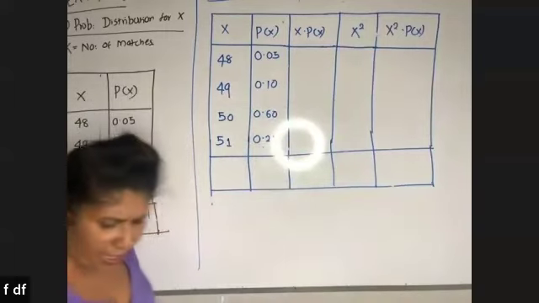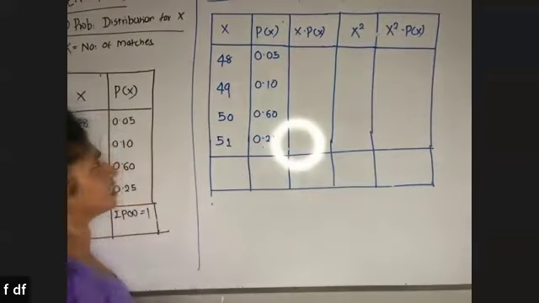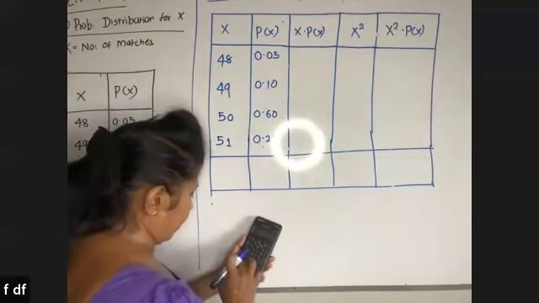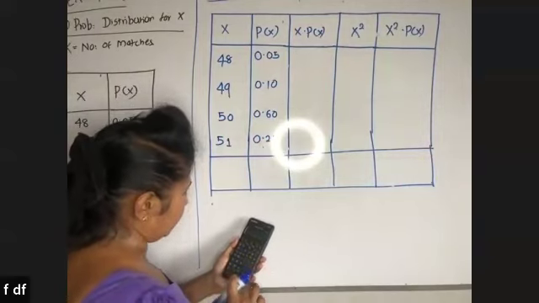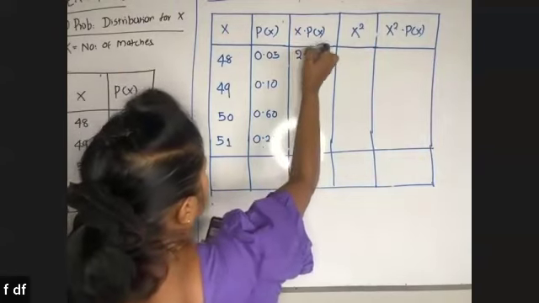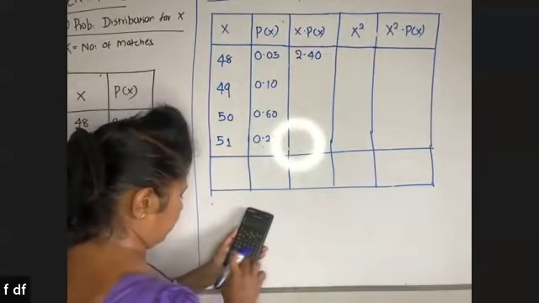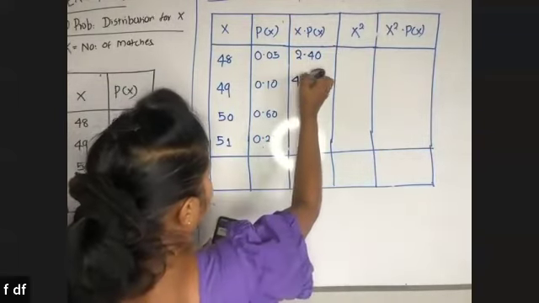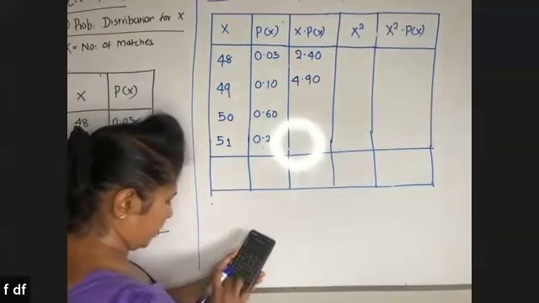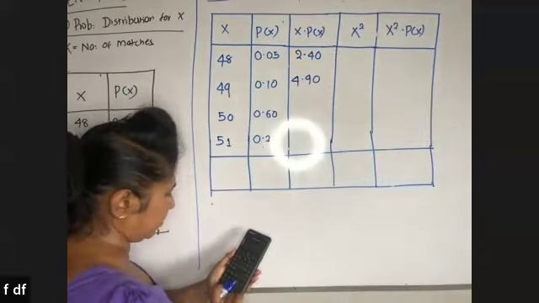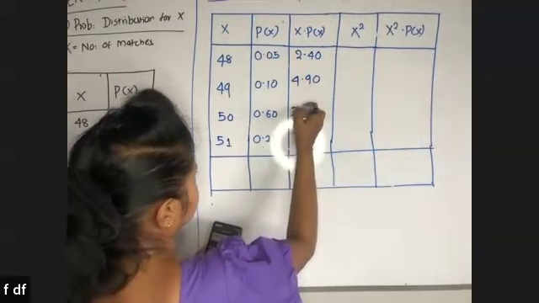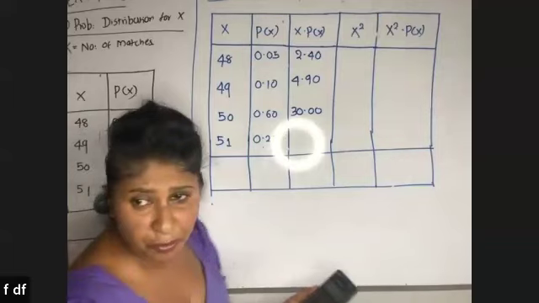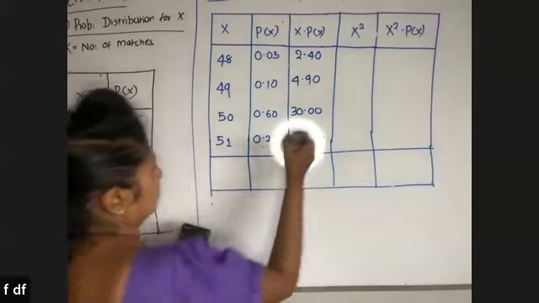Then multiply the first and second columns to complete the third column. 48 into 0.05 is 2.4, 49 into 0.1 is 4.90, 50 into 0.6 is 30, and 51 into 0.25 is 12.75.